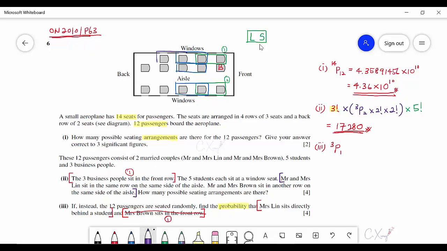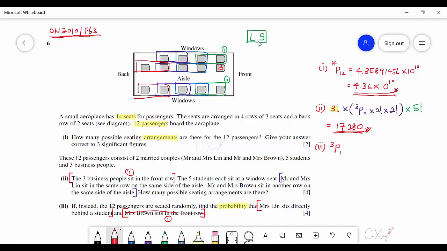I have six, seven, eight, nine, and 10. So you can see that the possible empty spaces with front and back seats are 10 pairs of seats in front and behind.